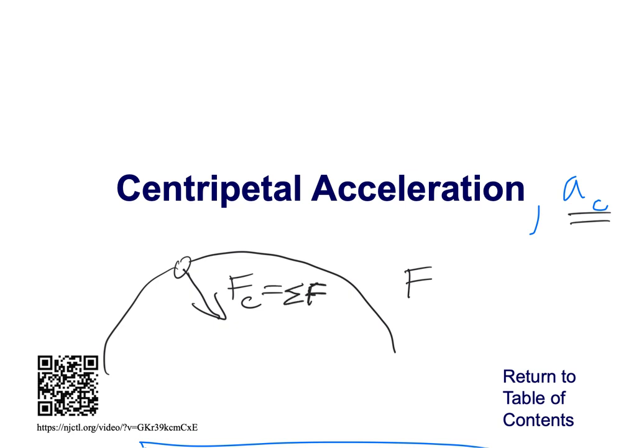But the net force causes acceleration. That acceleration is called centripetal acceleration. Now, centripetal acceleration doesn't cause the object to move faster in its circle or slower. It just pulls it back towards the center of the circle, keeping it in a circular path.